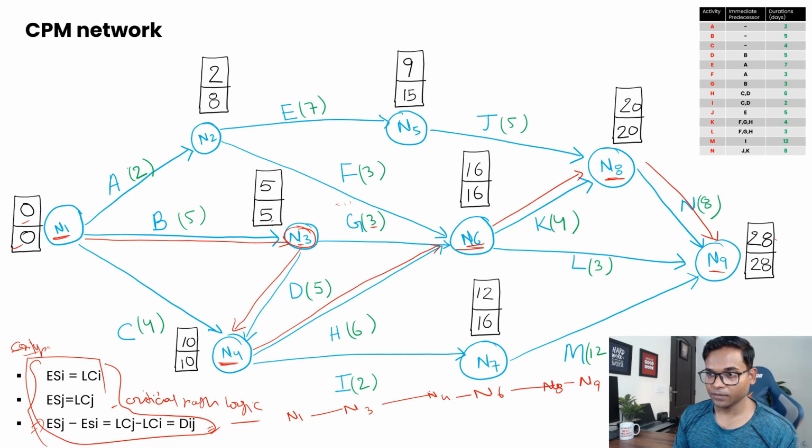Now if you want to calculate the project completion duration, it is nothing but the summation of the activity durations of those nodes.